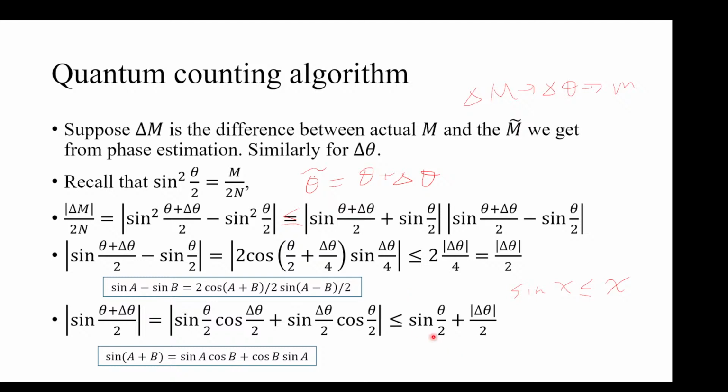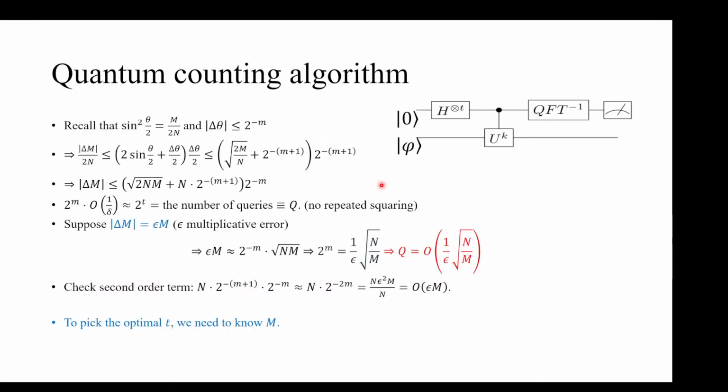And I think it's here we use the fact that theta is between 0 and pi over 2, so that we can drop the absolute value sign, because we know sine theta over 2 is greater than or equal to 0. Then we combine both of these back. So the first term becomes this plus this, and we have twice sine theta over 2 plus delta theta over 2.